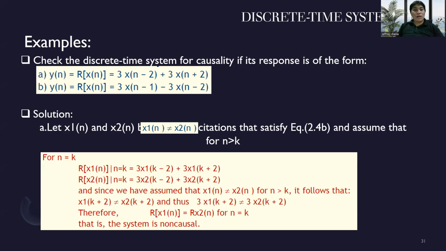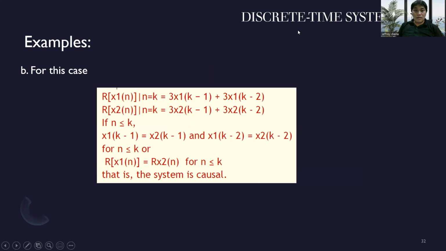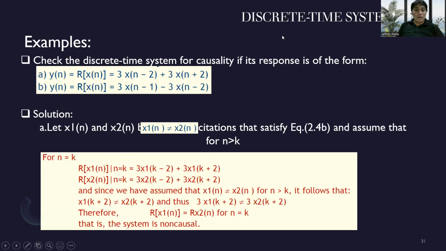So for example, let's check the discrete time system for causality if its response is of the form: for a, y[n] = R{x[n]} = 3x[n-2] + 3x[n+2]. For b, y[n] = R{x[n]} = 3x[n-1] - 3x[n-2]. So let's solve these examples.